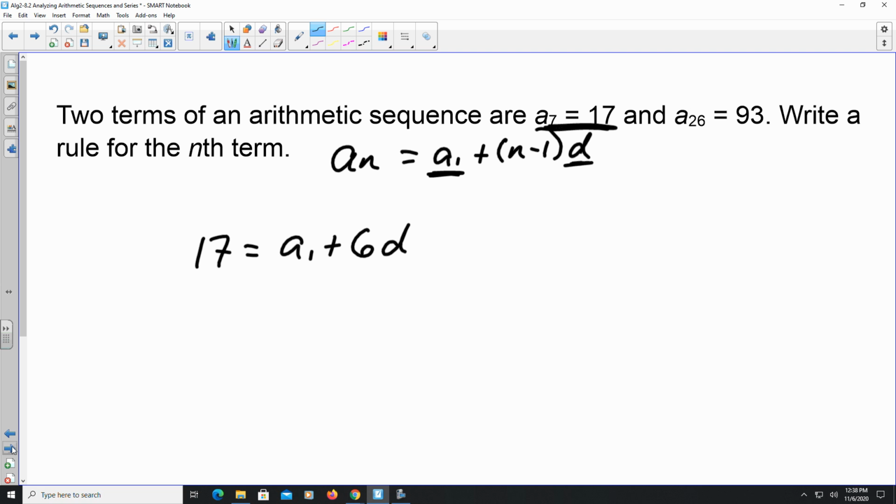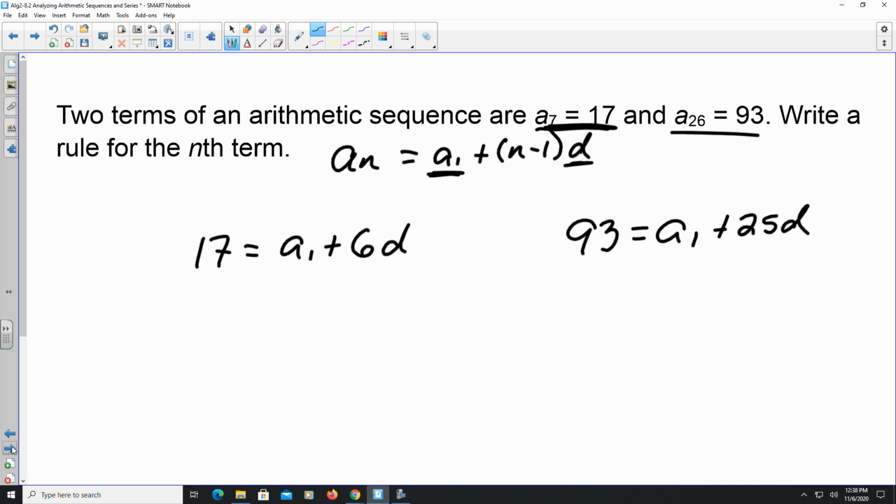I don't know my common difference, so that's all I can write. Looking at the other term, I can rewrite the rule as 93 is equal to a sub 1 plus 26 minus 1, which is 25, so I get 25d.